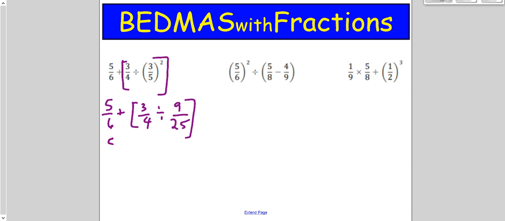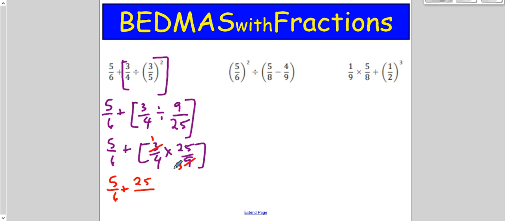Okay, and then 5/6 plus 3/4 times 25 over 9. And I can simplify that a little bit. I can take that 3 and make it a 1, take that 9 and make it a 3. So I get 5/6 plus 1 times 25, which is 25, and 4 times 3, which is 12.